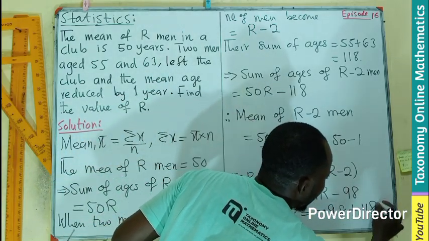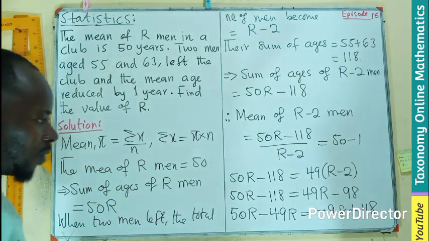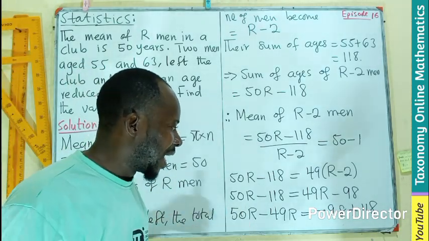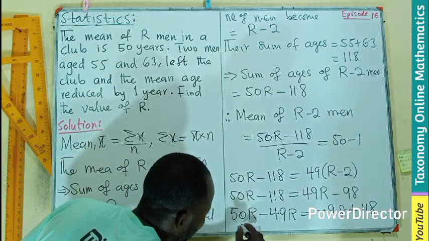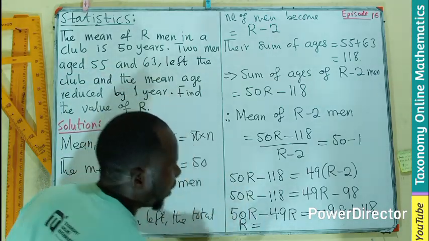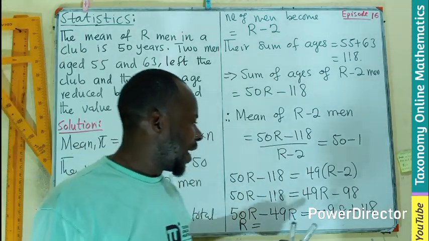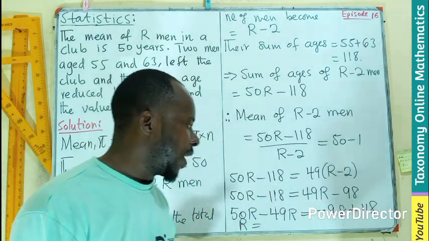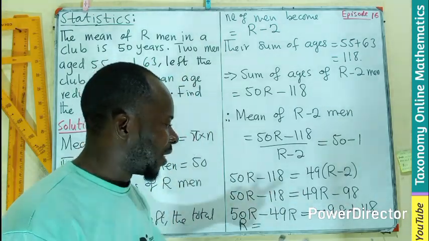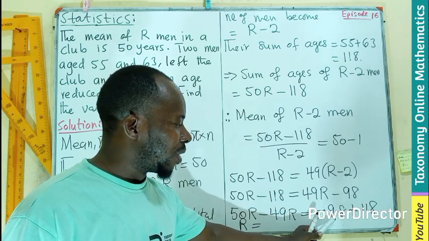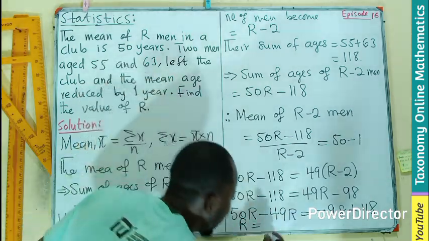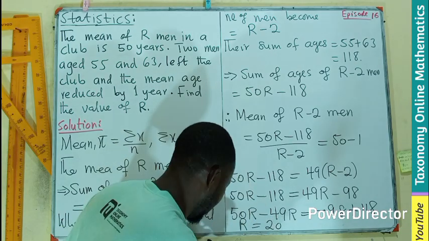This is going to be only 1R. So R equals 118 minus 98, which is 20.